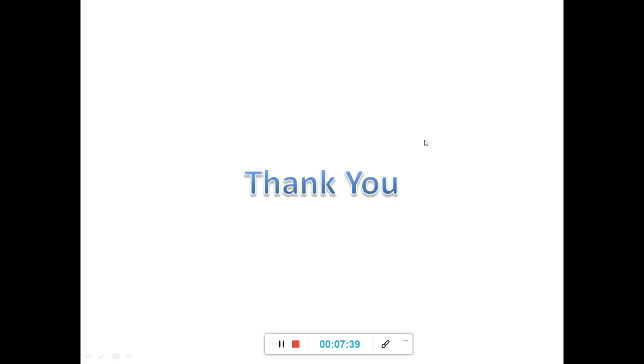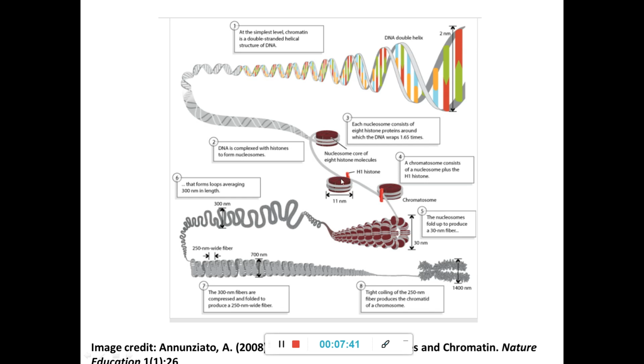The DNA wraps about 1.65 turns. Then you have the H1 histone here, which is about 11 nanometers. A chromatosome consists of the nucleosome plus the H1 histone. Then the nucleosomes fold up to produce a 30 nanometer fiber. From that, it condenses further to get a 300 nanometer fiber.